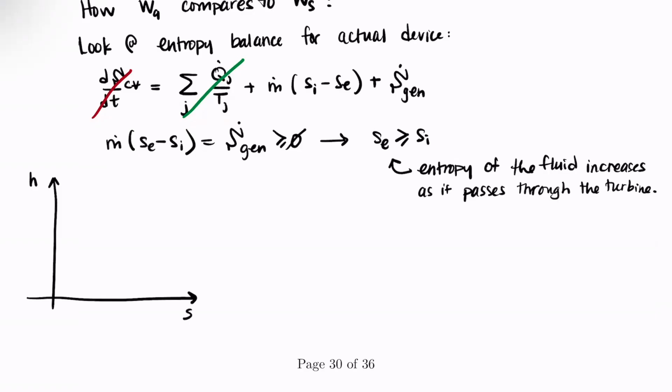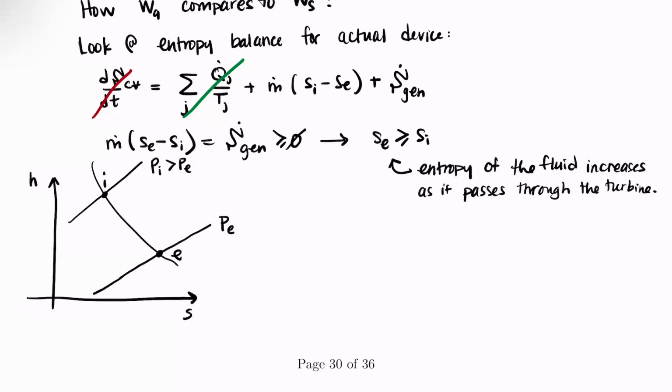So our enthalpy versus entropy looks like this. So this is a constant pressure line. So these are isobars at Pi greater than Pe and then Pe. All right, so this is our state I, so this is our inlet state, and then this is our exit state.